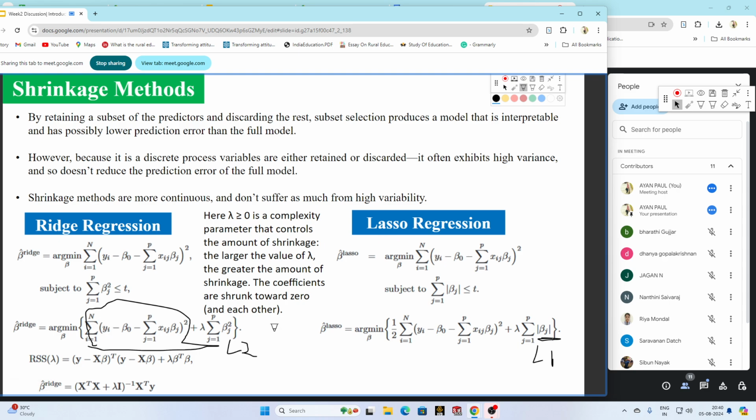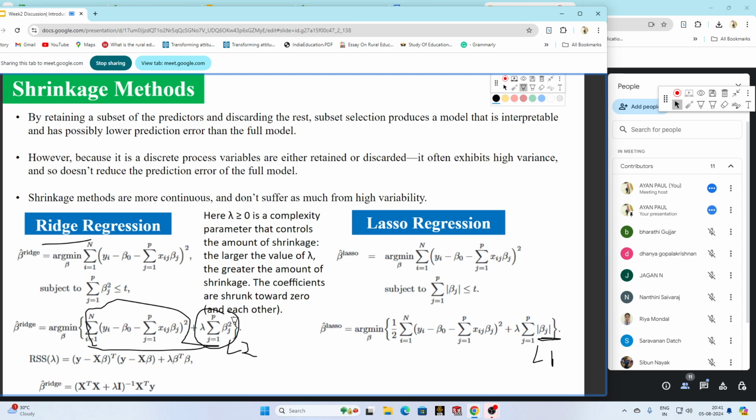What is the difference? Ridge is L2 regularization. The first term you already know from the first slide, right? But here we are adding a penalty term, and that penalty term depends on beta squared. This beta j is the coefficient that we want to reduce.